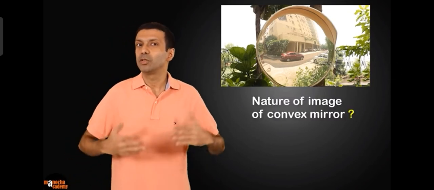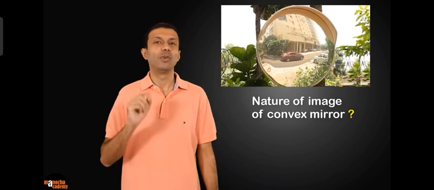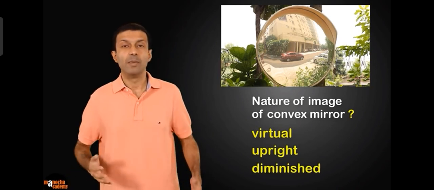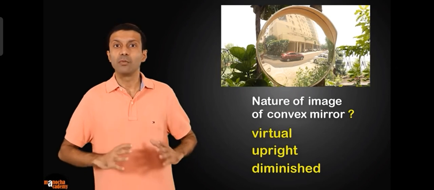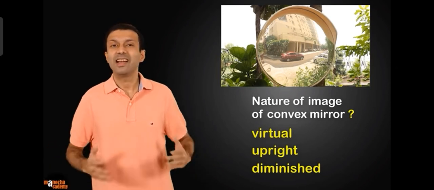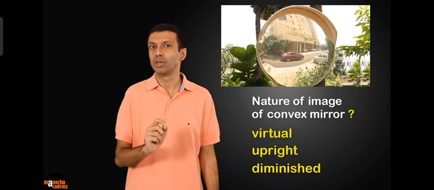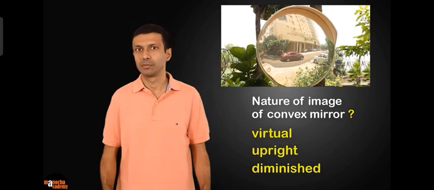What is the nature of the image produced in the convex mirror? That's right, it's always virtual, upright, and diminished. Imagine if that convex mirror gave an inverted image, then the driver would get all confused and an accident may happen. So the convex mirror always produces a virtual, upright, and diminished image.